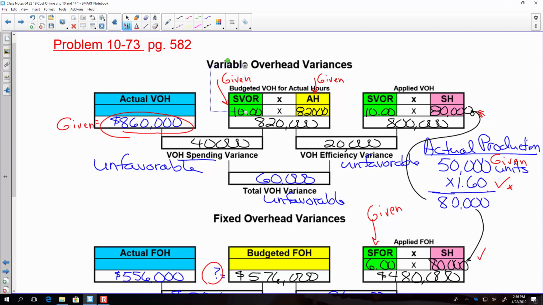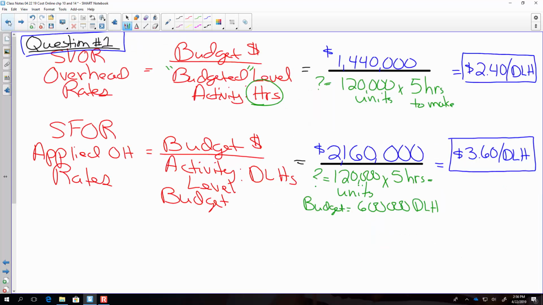So I wanted to show you this because it's a different view than maybe some of the other problems you'll encounter. What does SVOR mean? Well, that's the standard variable overhead rate. What does SFOR mean? That's the standard fixed overhead rate. And where do I find that? Now, remember last problem, the problem didn't give us those numbers. We had to compute, right, the SVOR and the SFOR amounts.